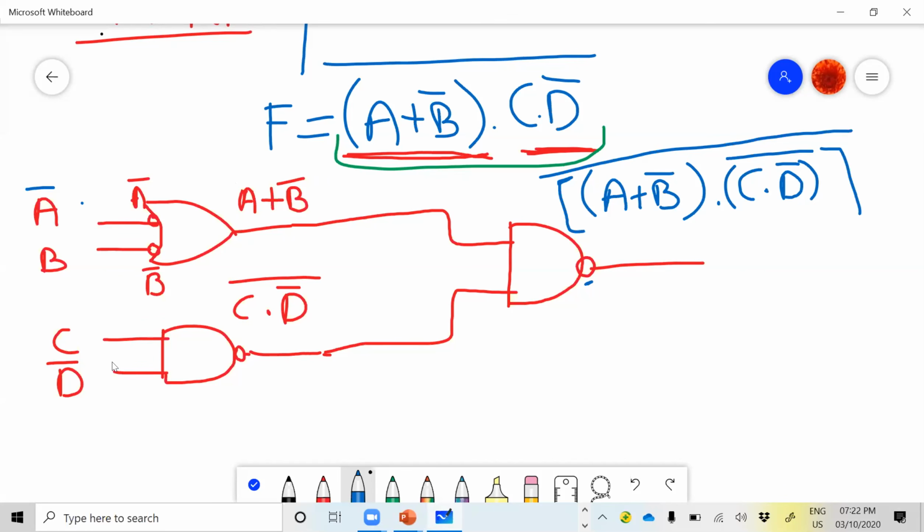The problem is with the bar, which should not be at the C dot D complement, correct? So I already explained to you how to use a NAND gate as a NOT gate. Do you know how to use a NAND gate as a NOT gate? Yes, use the same input: running a single X into both inputs, we will be getting X complement, correct?